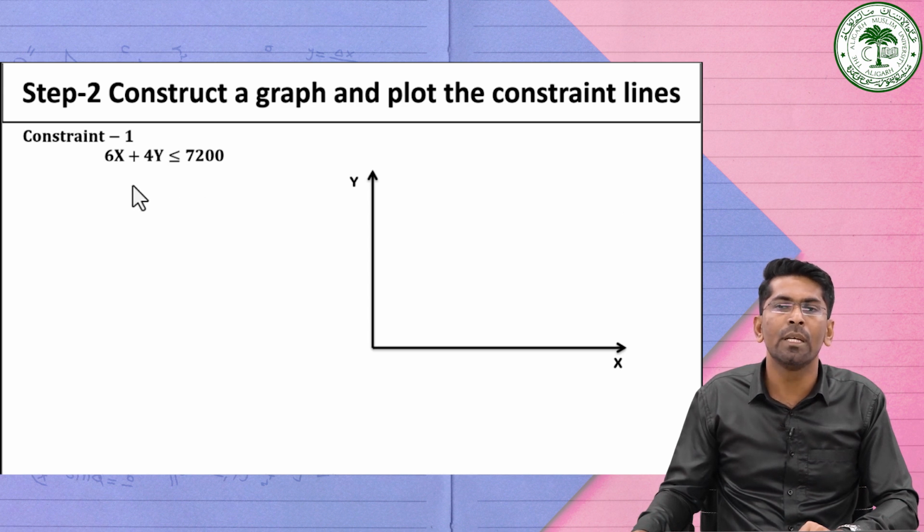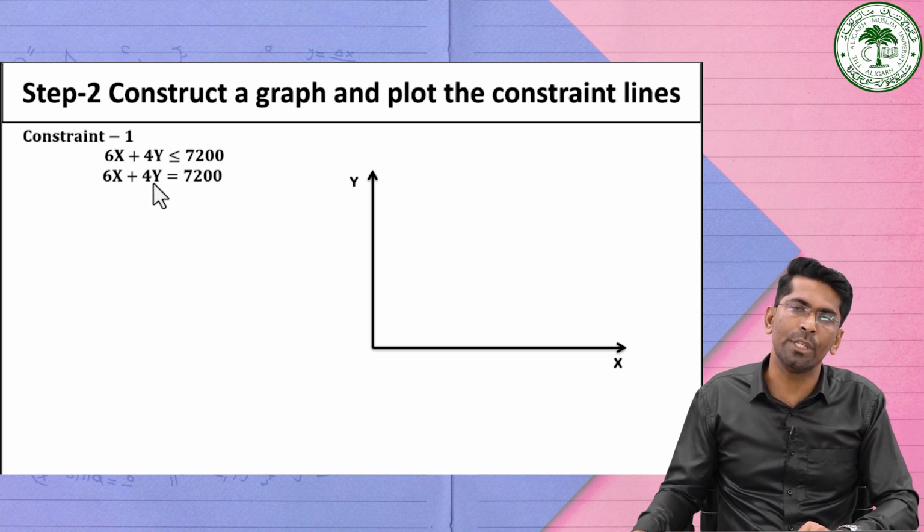So it will become 6x plus 4y equal to 7200. Now we are going to find out the value of x by assuming the value of y is equal to 0.